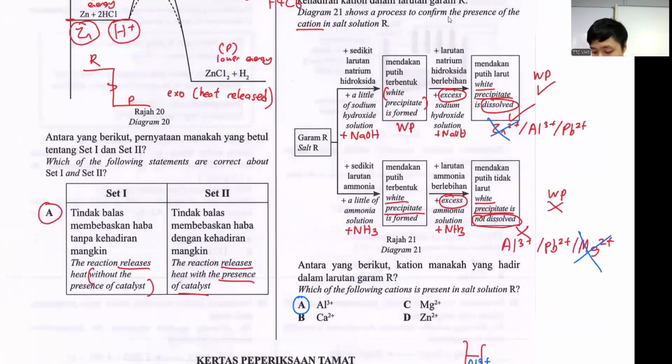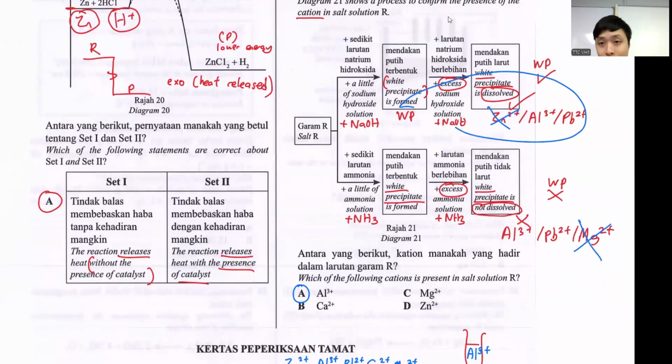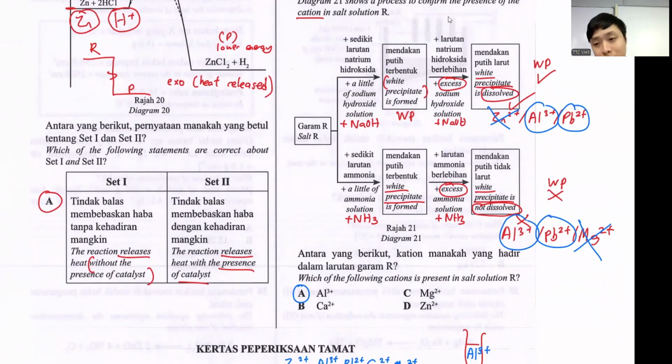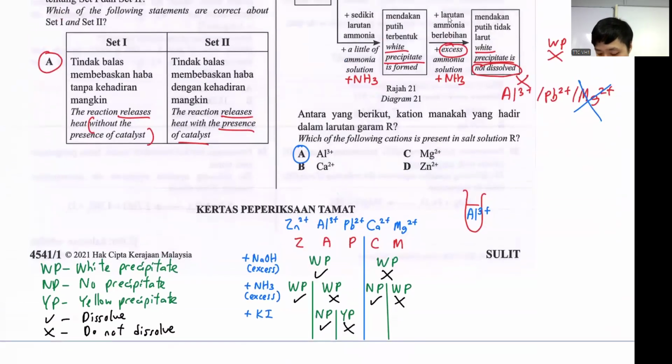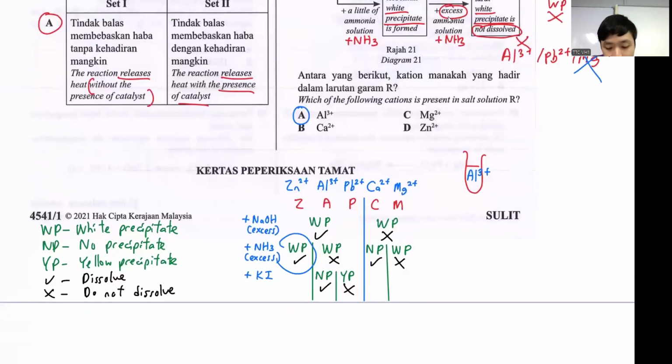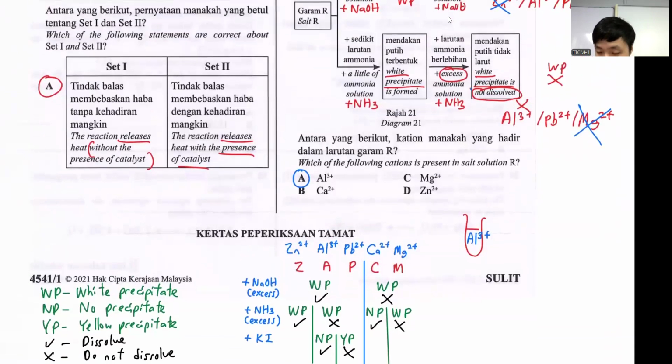But since the first test doesn't have magnesium, it cannot be magnesium. Both tests must be present like that, then only you can say the ion is present. Same thing for the second test: we show that zinc ion is not present, because in the second test we get WP that does not dissolve.